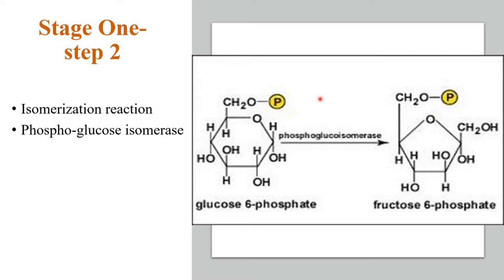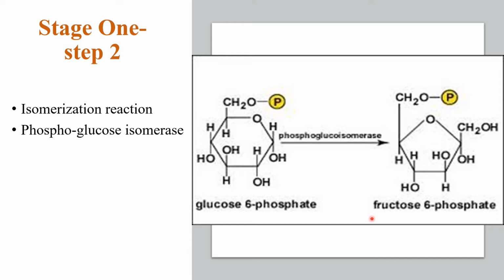And to produce those 2 identical 3-carbon molecules, we have to have symmetry in our molecule. So this is not symmetric, but this is symmetric, and so the glucose 6-phosphate is transformed into fructose 6-phosphate to make sure we get those 2 identical 3-carbon molecules in stage 2.